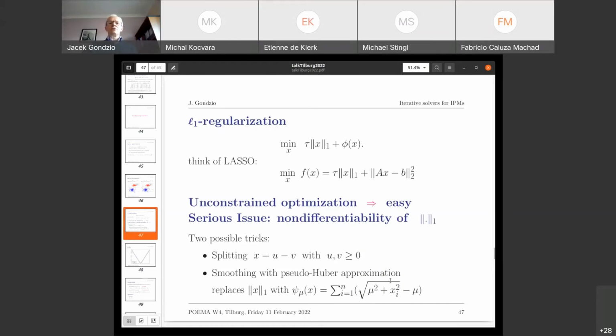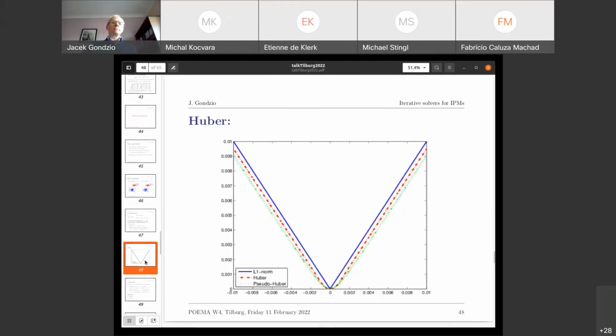This is the pseudo-Huber function. Instead of an absolute value of x, the blue line, we would have this function which is green here, which is almost the same everywhere further away from 0, but close to 0 would behave like a quadratic function. Anyway, the function is infinitely many times differentiable, so we will be able to use Newton method for it.